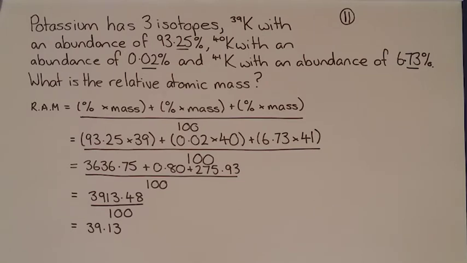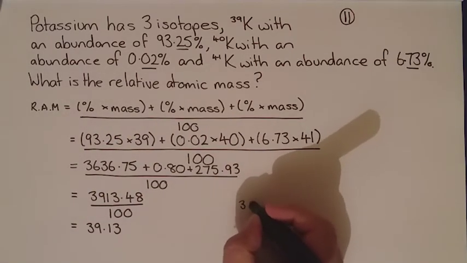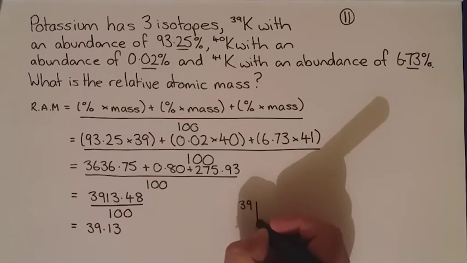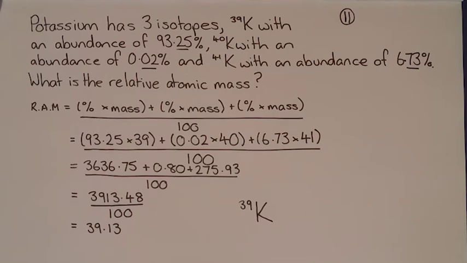The only thing that you need to watch for when you're doing these calculations, apart from your maths, is the wording of the question. So there are 2 main ways that they can tell you what the mass of the isotopes are. So for instance, we have been using a version where we write 39 at the top, followed by the K, which is what you would see on a periodic table.